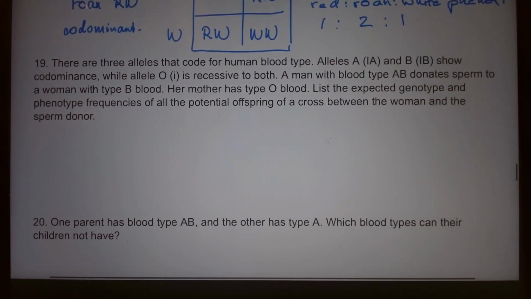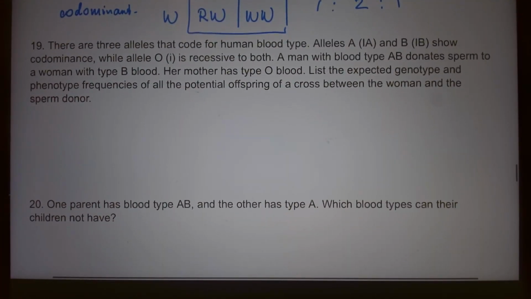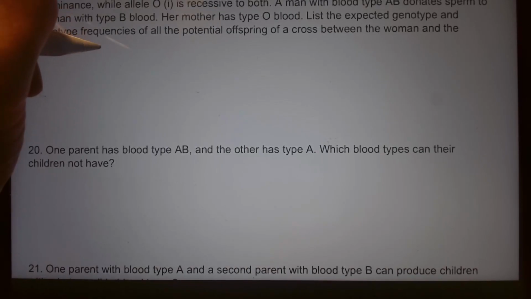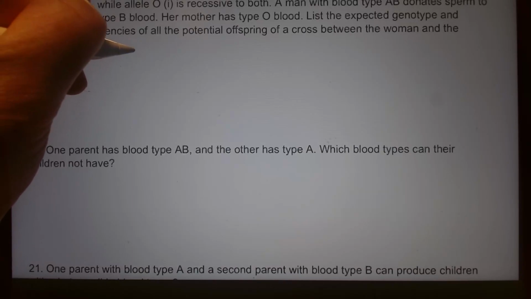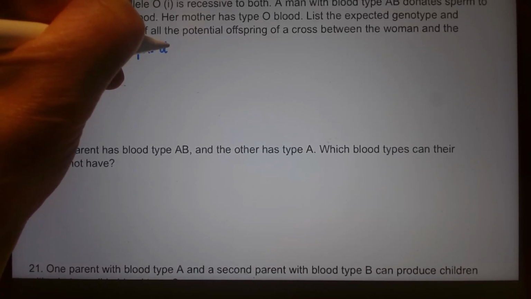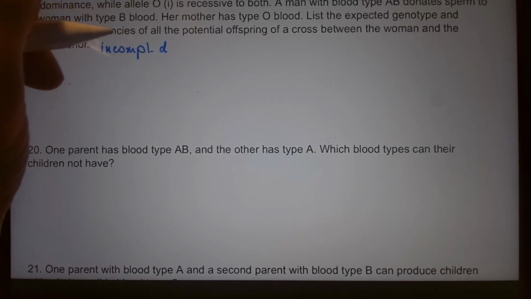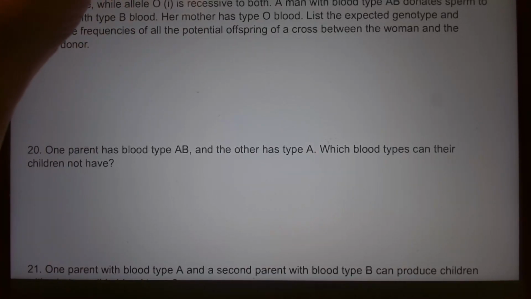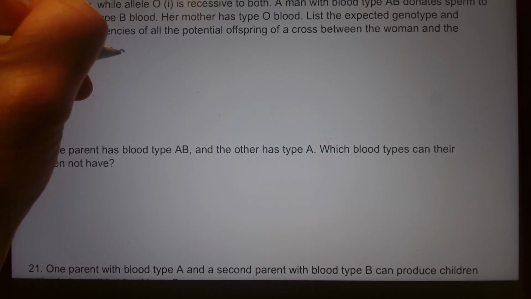Now, moving on to number 19. It's the blood typing. The blood typing is super interesting because we will encounter incomplete dominance, actually not. We will encounter codominance.